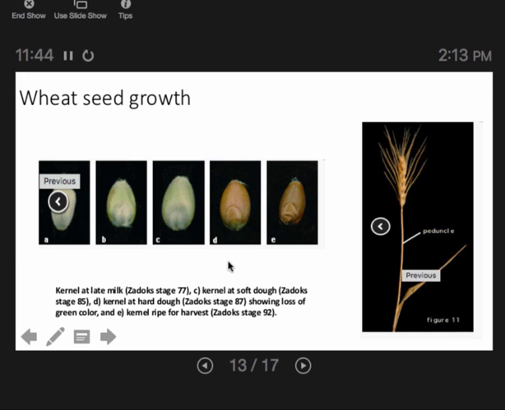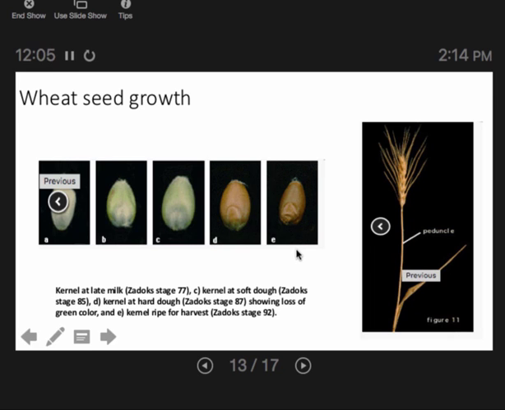It's when they start losing their green color that farmers will come out and magically understand what's happening, because they have this connection with the land that is quite magical. So the kernel gets really hard and yellowish.